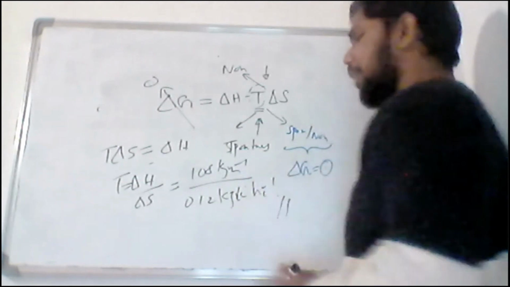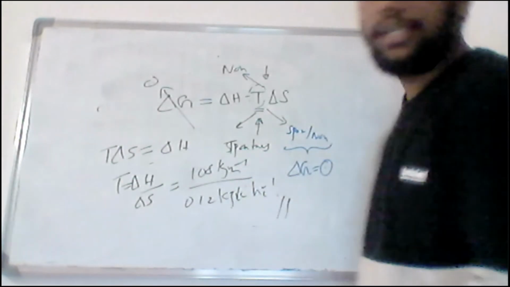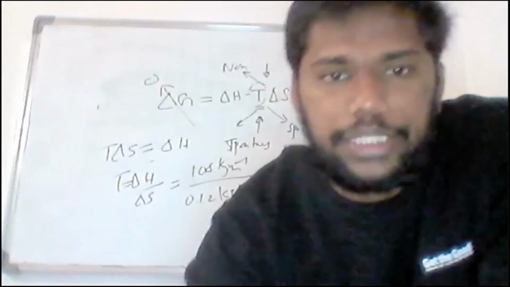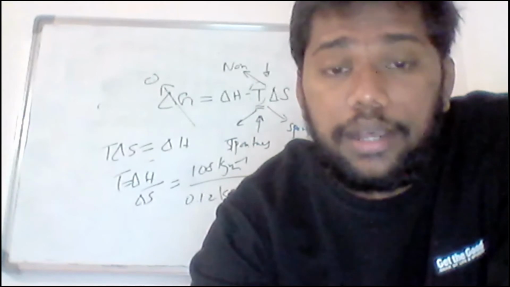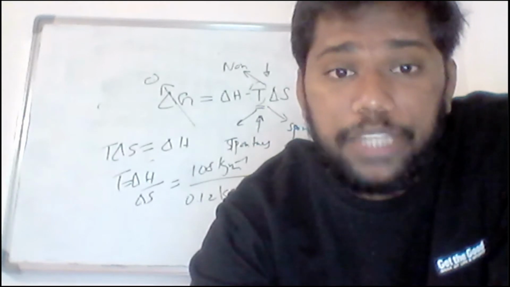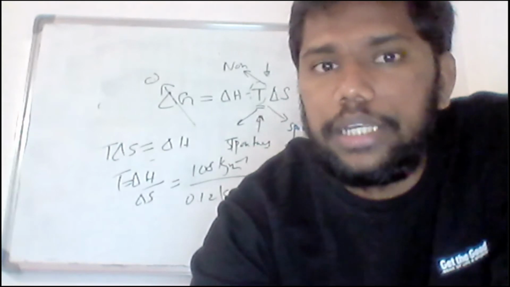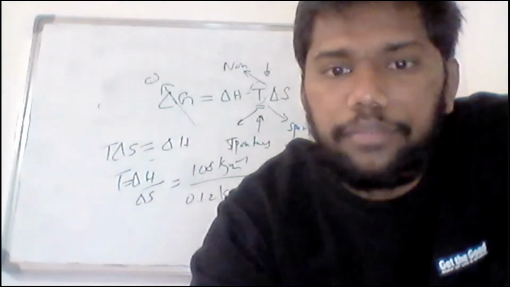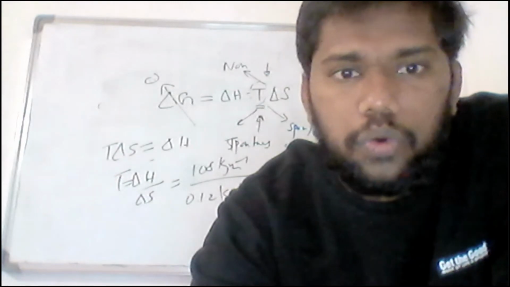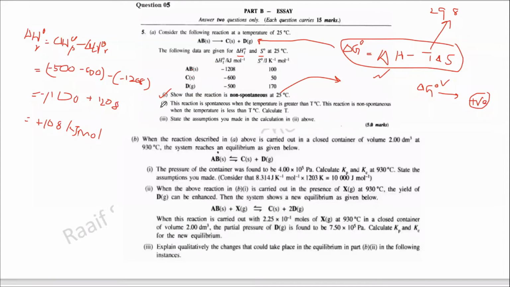So you can calculate the temperature. Okay, so this will be straightforward. And when you calculate the temperature, you can see it will be around 900 Kelvin. Okay, so that necessarily needs to be calculated. So we have done the second part also.